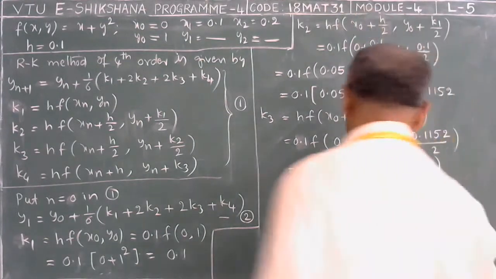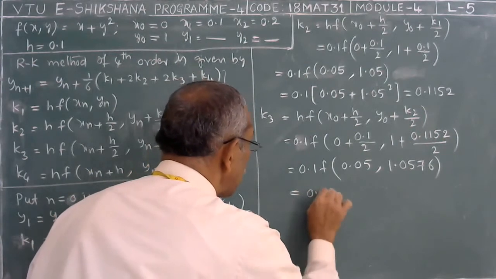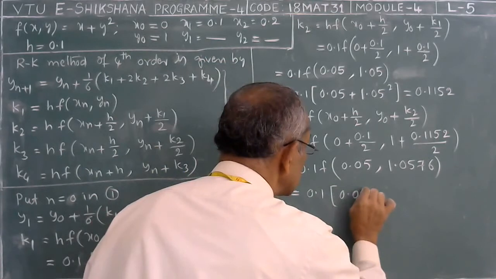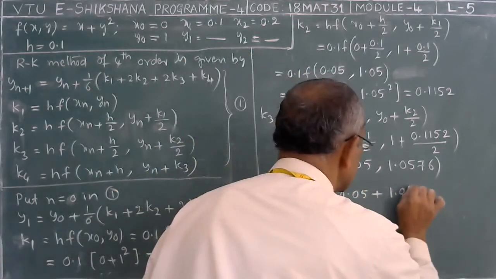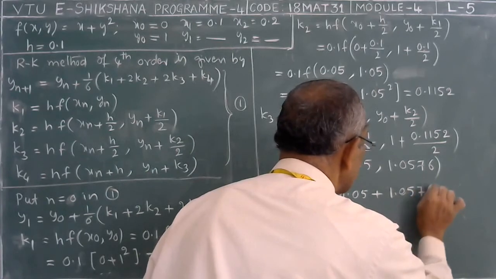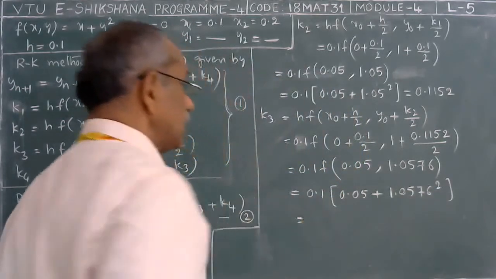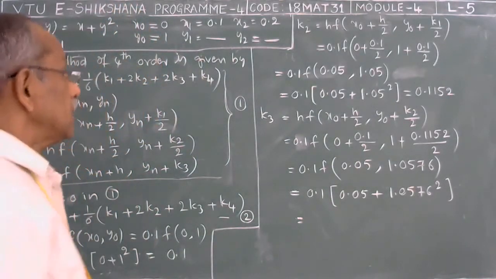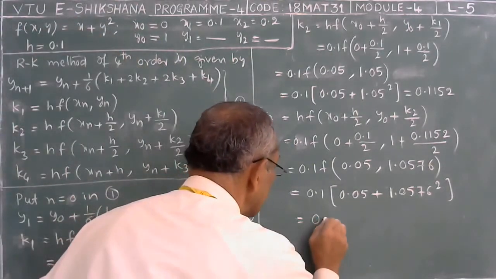Now apply the definition: 0.1 into 0.05 plus 1.0576 square. If you calculate, you get the value of k3 as 0.1168.